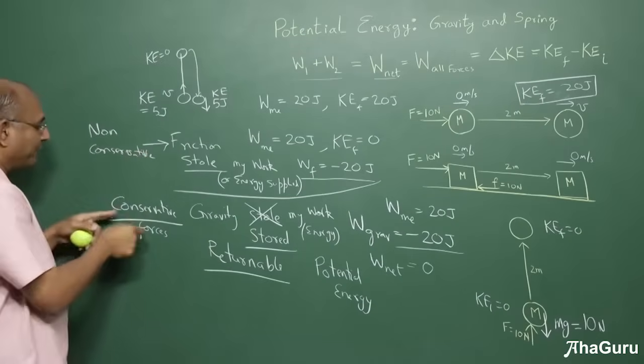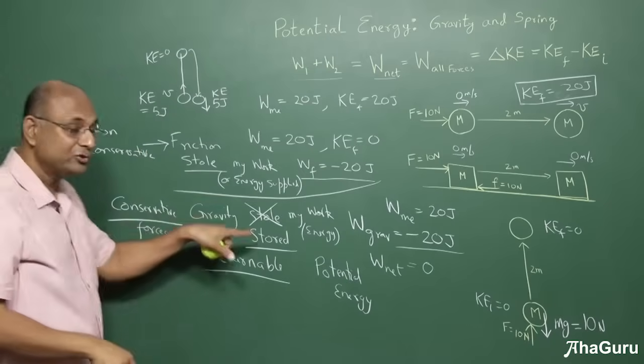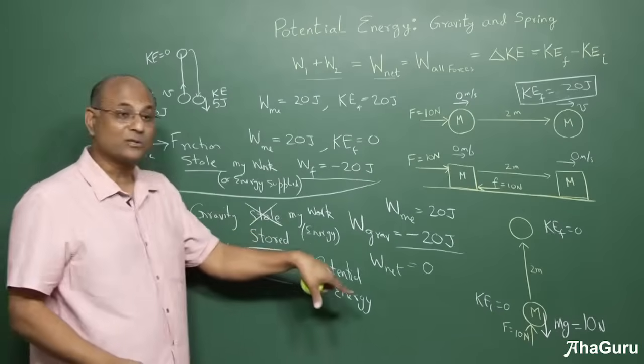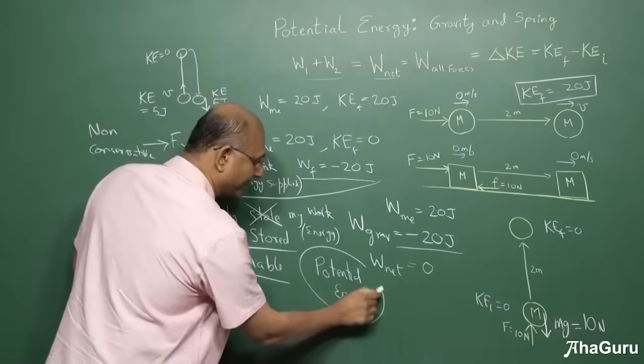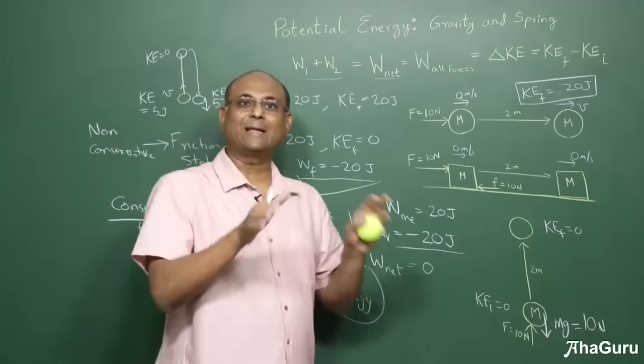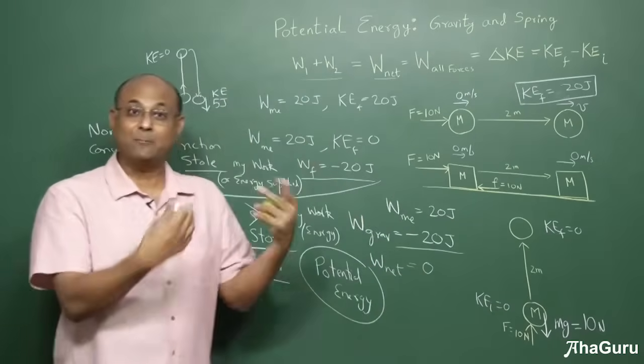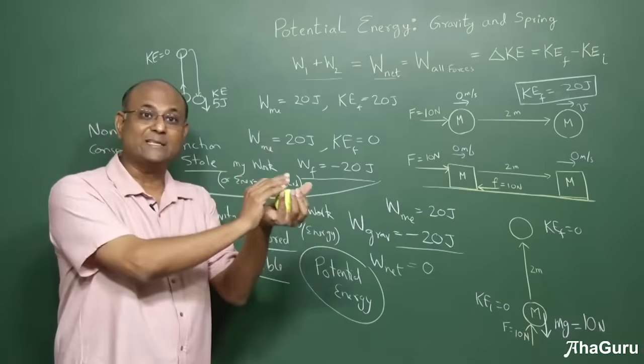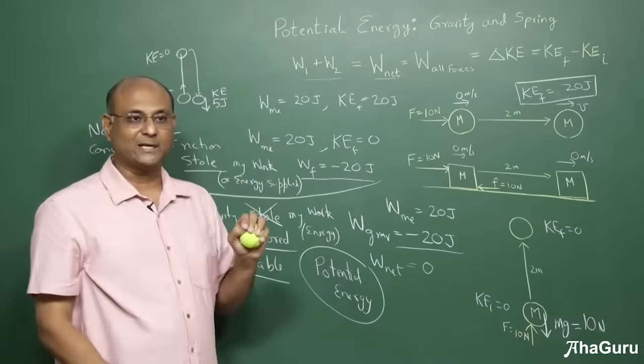Okay? So whenever a force is conservative, it is not stealing the energy, it is storing the energy. And the way it stores it, we call it potential energy. Mostly people use potential energy to mean gravitational potential energy, but there is spring potential energy, there is electric potential energy. Any way in which you can store the energy and return it later is called potential energy.